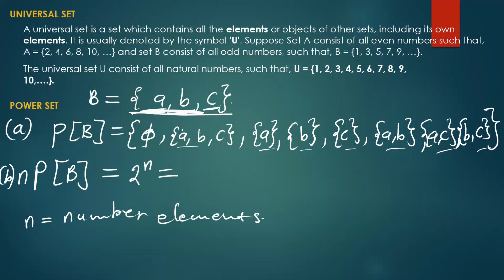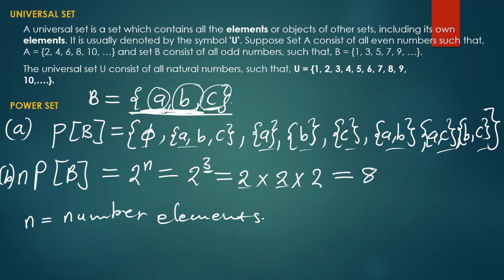So how many elements do we have in this set B? We have 1, 2, 3. So we put 3 as a power there. And this is going to be equal to 2 times 2 times 2, because it's raised to the power 3, meaning 2 is multiplying itself 3 times. And this is going to be equal to what? 8.